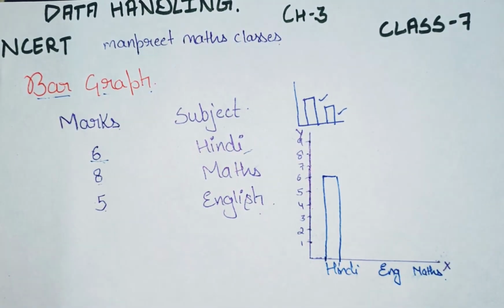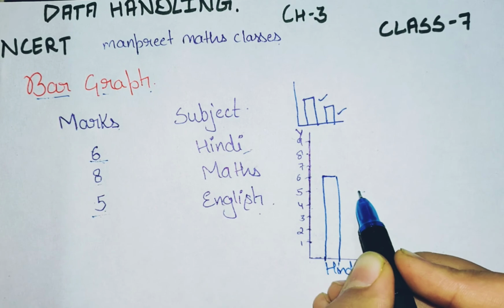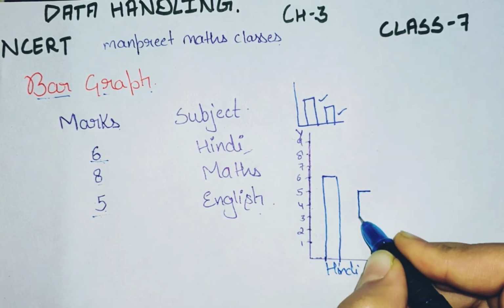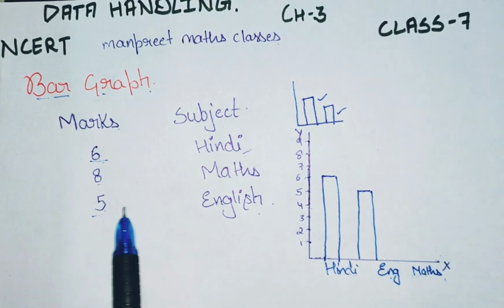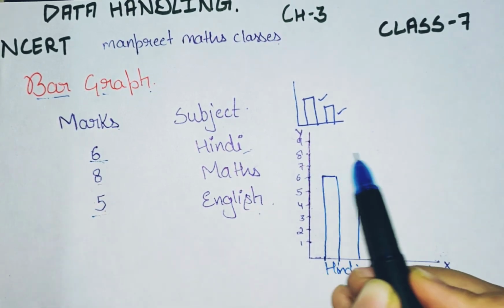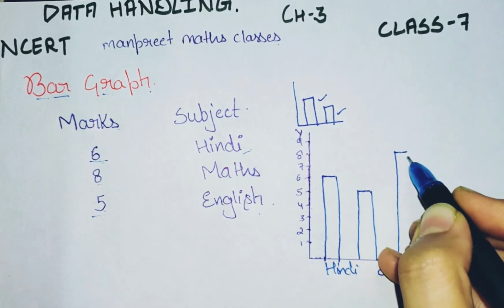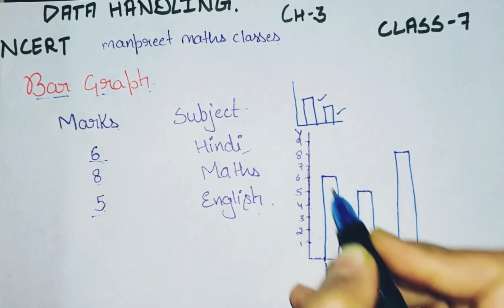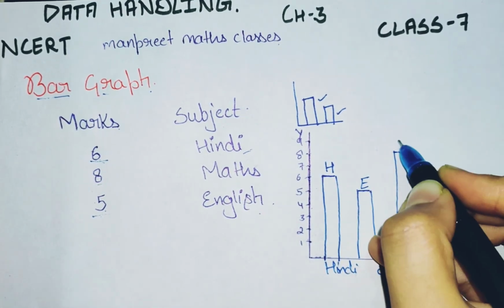Okay, like this. Now for English, 5. Where is 5? 5 is here. So the bar will be here. This is for English. Now for maths, 8. Where is 8? 8 is here. So this bar represents the marks of Hindi, this of English and this of maths.